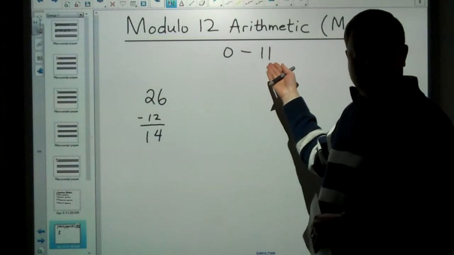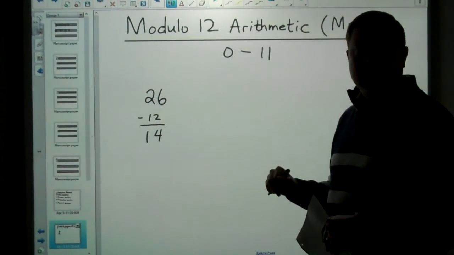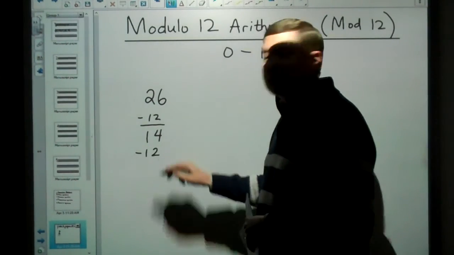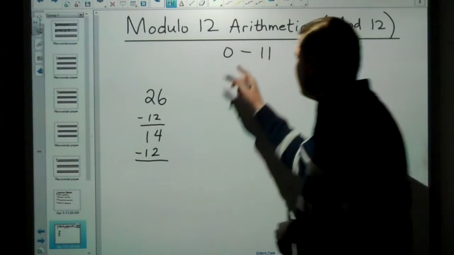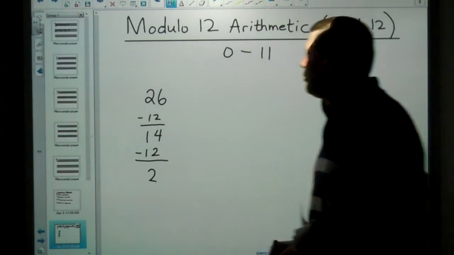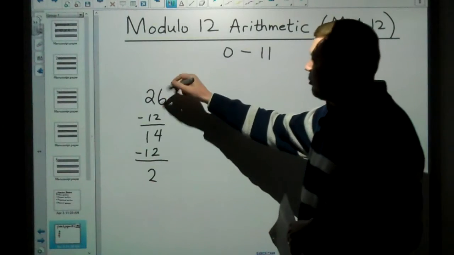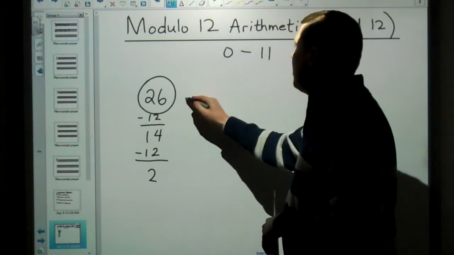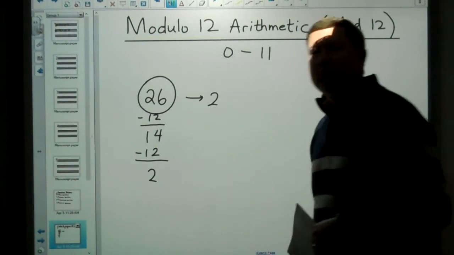But 14 is still too large. It's not within the range of 0 through 11. Then you just keep subtracting 12 until you get a number within the targeted range. So 14 minus 12 is 2. If you reduce 26 to the mod 12 system, my final answer is going to be 2.